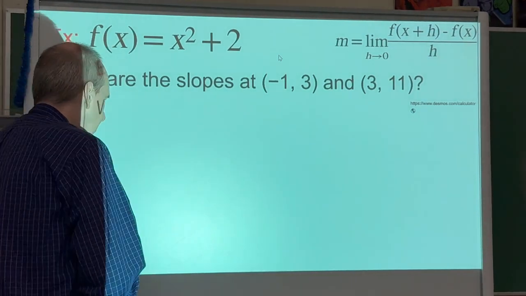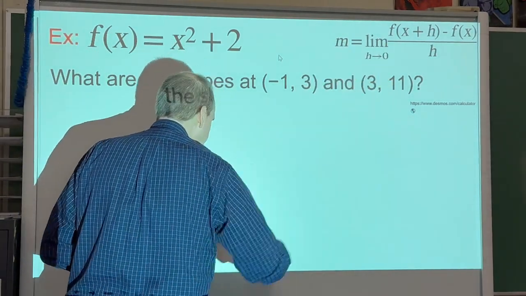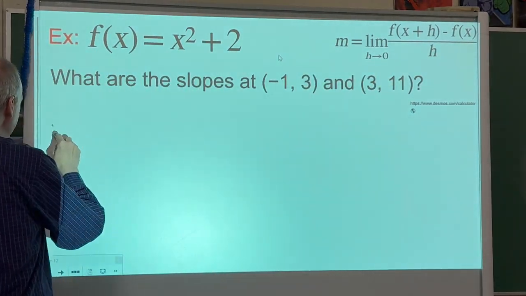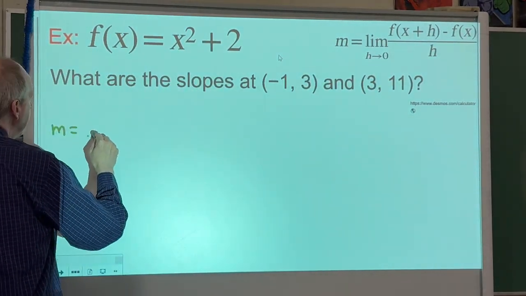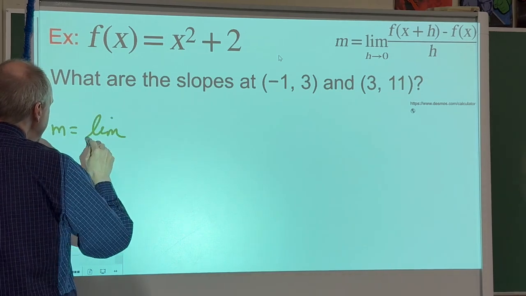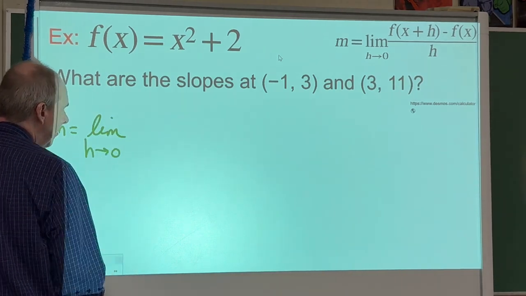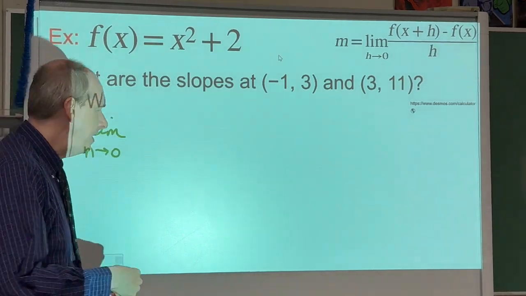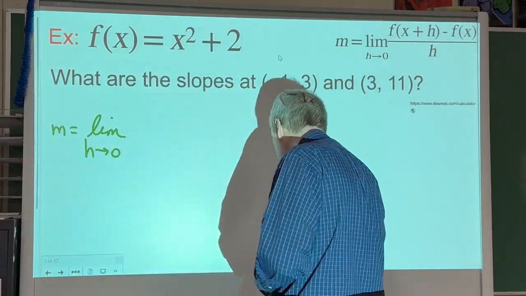That sounds like a lot of work. Instead, how about we simply use our difference quotient? Our slope is equal to the limit as h approaches 0 of f of x plus h minus f of x divided by h.